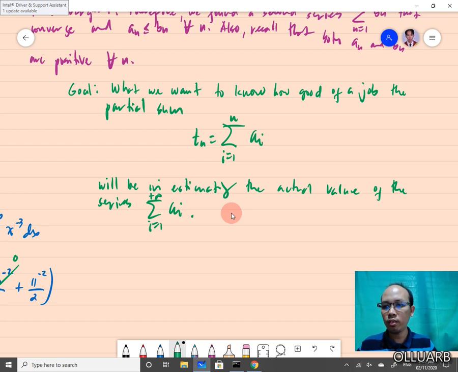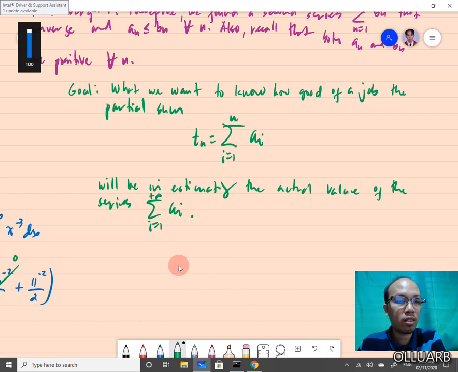Okay, again we will be going to the idea about the remainder, the remainder of the series, and we denote it last time using the notation r sub n.